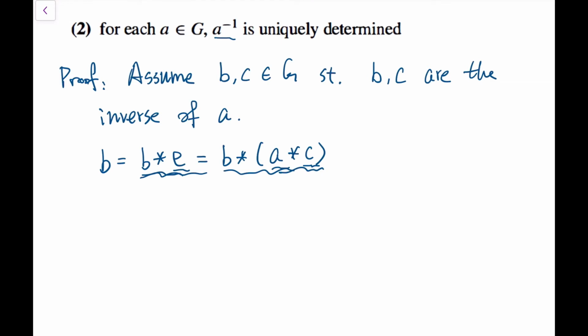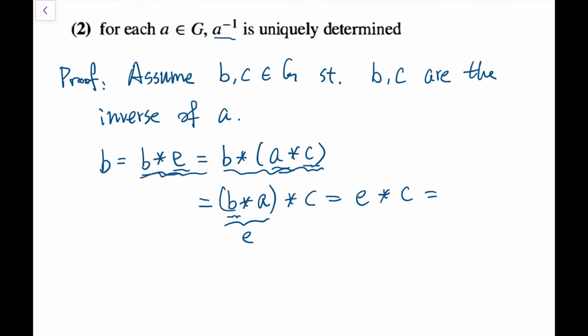And here we have the operation among three elements, so we can use the associative law. And this is just equal to doing the operation between B and A first, then doing the operation with C. And here, because B is the inverse of A, this B star A is the identity, so we get E star C here.